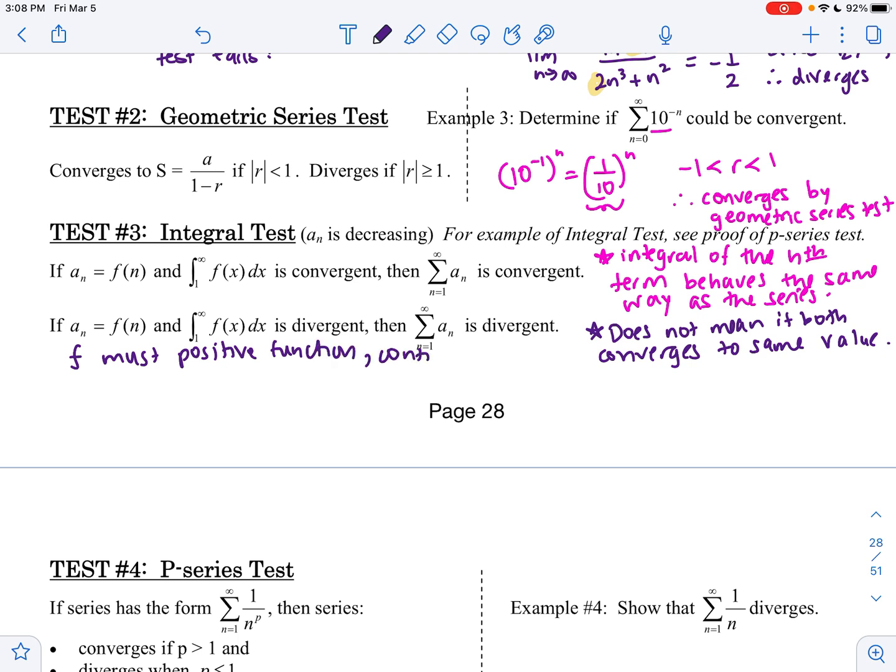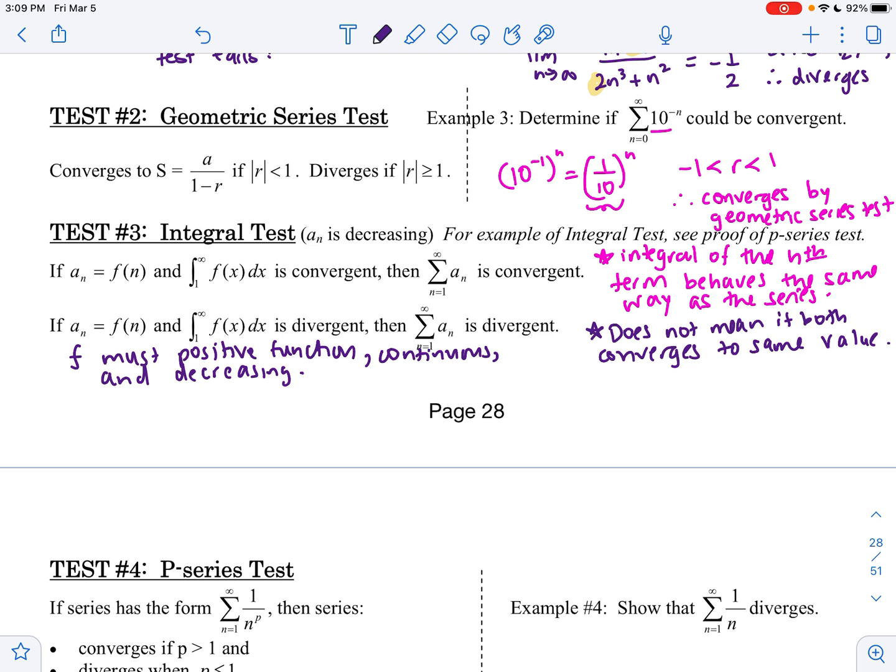So kind of a lot of conditions here. And lastly, it must also be decreasing, because we want to know that as we add each term in the series, the partial sums will eventually converge to a particular value. So those three are conditions that must be true before we apply the integral test.